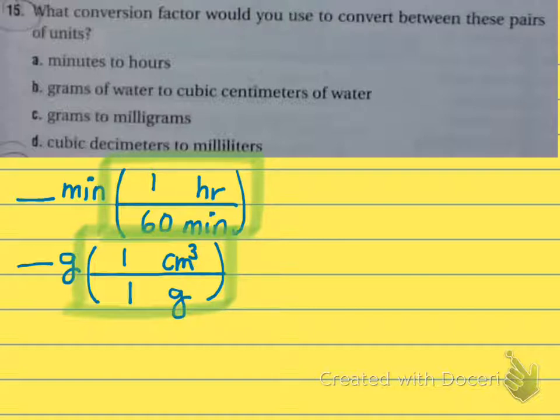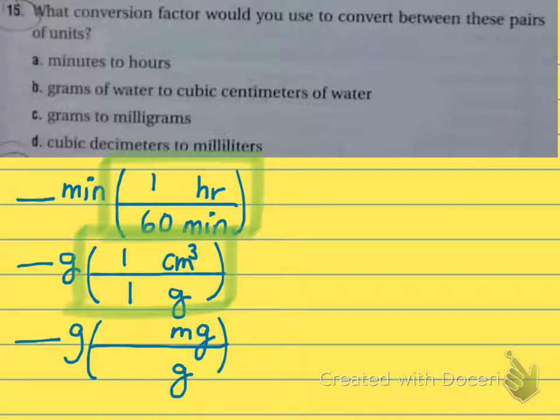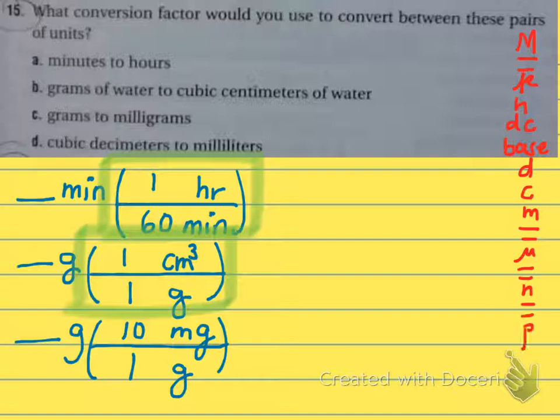In the third one, we have grams to milligrams, so some number of grams. Again, grams need to go in the denominator, and milligrams are going to go in the numerator. A gram is larger, so I make it 1, 10, and again, we're using this, our metric system aid, so mega, kilo, hecto, deca, base, deci, centi, milli, micro, nano, pico.